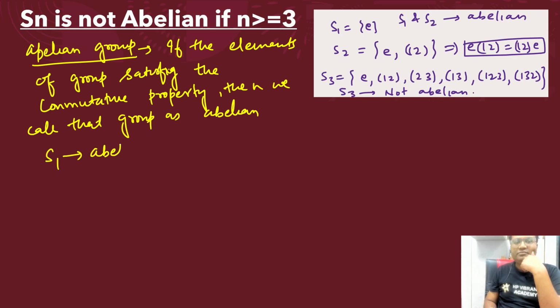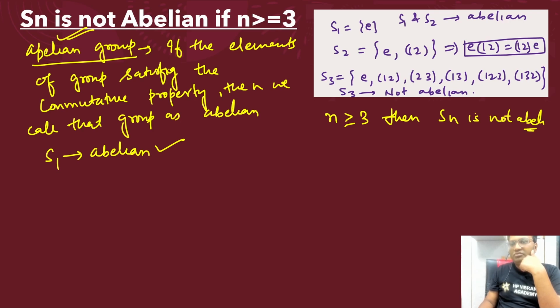S1 will be abelian, definitely. As per this statement, if n is greater than or equal to 3, then Sn is not abelian. This means if n is greater than or equal to 1 and less than 3, then Sn is abelian.